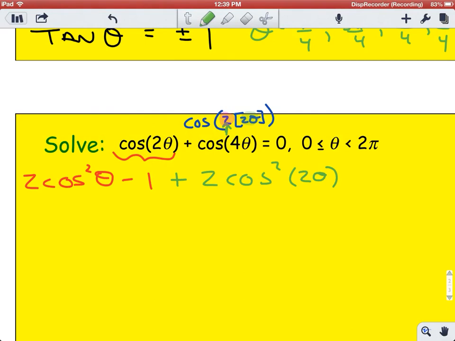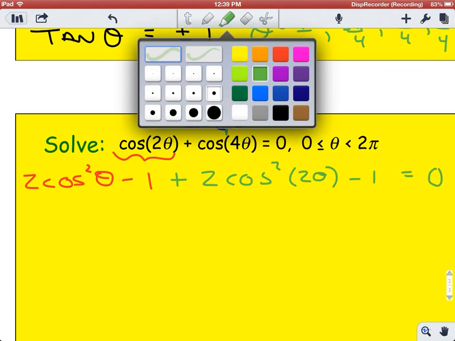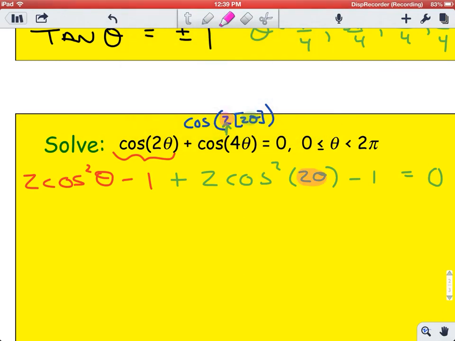And then we just need a minus 1 equals 0. So in red is the double angle for cosine of 2 theta, and in green is the double angle for cosine of 4 theta, or 2 times 2 theta. So the only thing that you should be changing here is the argument. Green and red should be identical except for the argument.